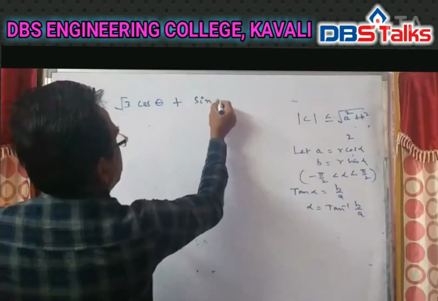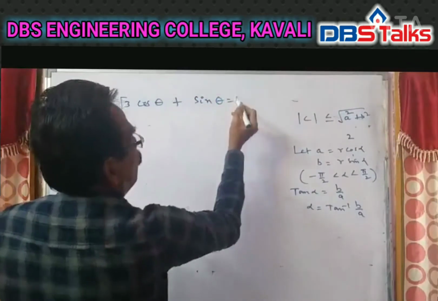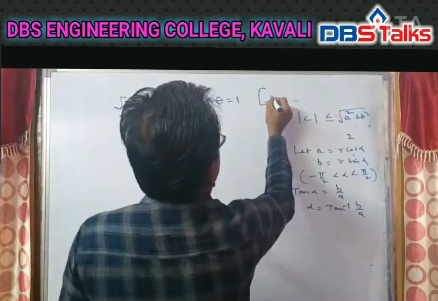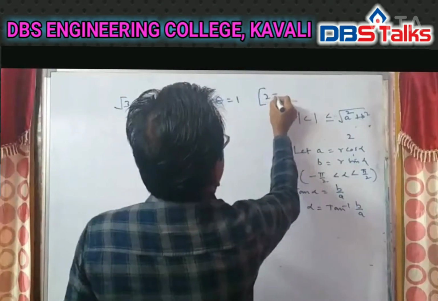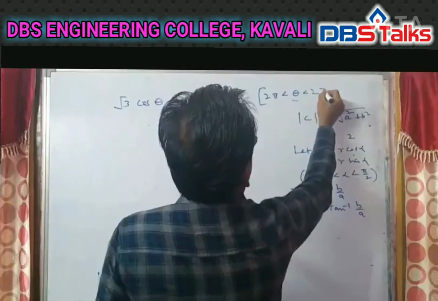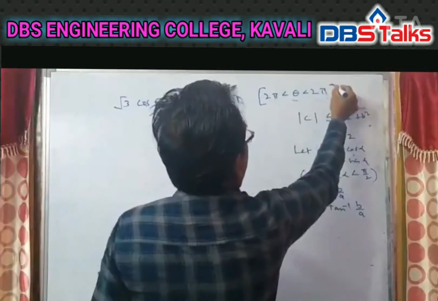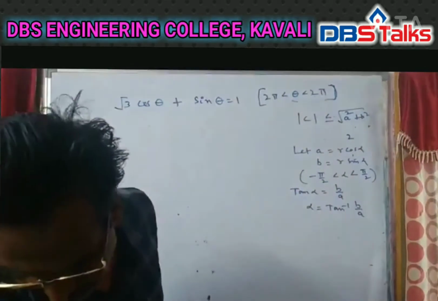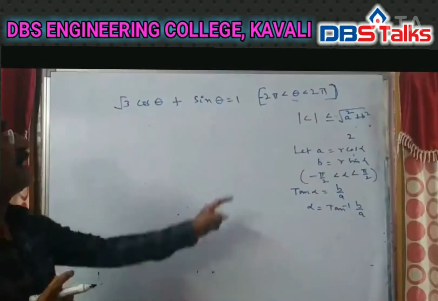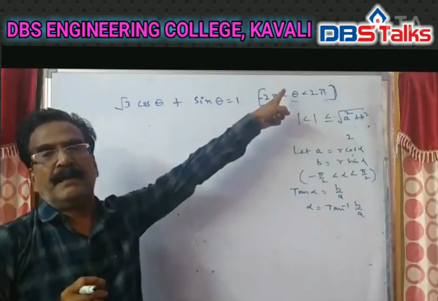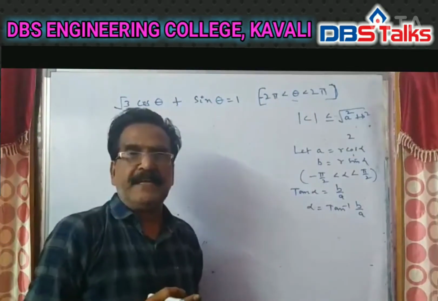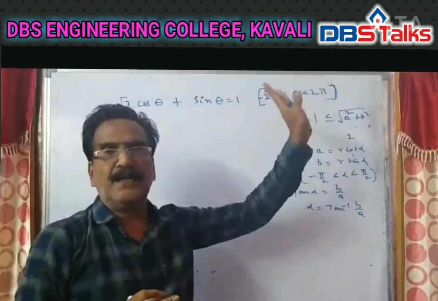Root 3 cos theta plus sin theta is equal to 1, given that minus 2 pi is less than or equal to theta less than or equal to 2 pi. This is given, friends. Here theta can't take all values. The value of theta must lie between minus 2 pi and 2 pi.